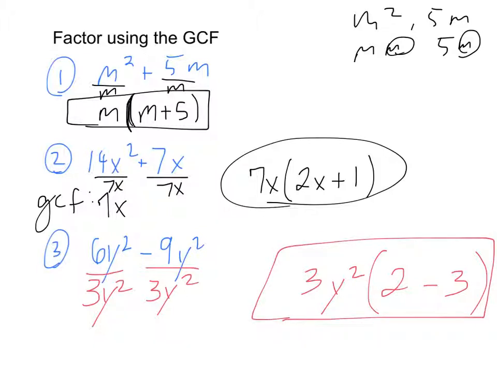If you wanted, and I prefer you do, we will simplify this 2 minus 3 on the inside to make it 3y squared times, what's 2 minus 3? It's negative 1. So what it actually becomes is negative 3y squared.